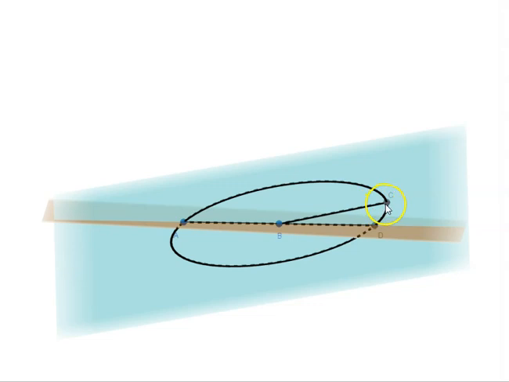The diameter ABC is cutting the circumference into two unequal parts, whereas the diameter ABD is cutting it into two equal parts. And we know that the diameter of a circle will cut the circumference into two equal parts.